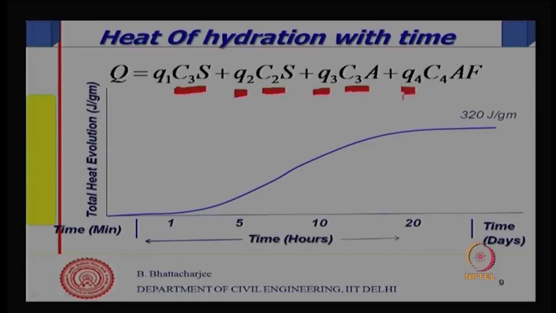Q4 is the heat of hydration of C4AF, and this is the quantity. So, you can sum this up to find out total heat evolution at any stage or even in totality, complete heat of hydration. This quantity we know, and I have given you earlier, the quantity of heat that is liberated per unit mass from the C3S and similarly from C2S, C3A and C4AF.